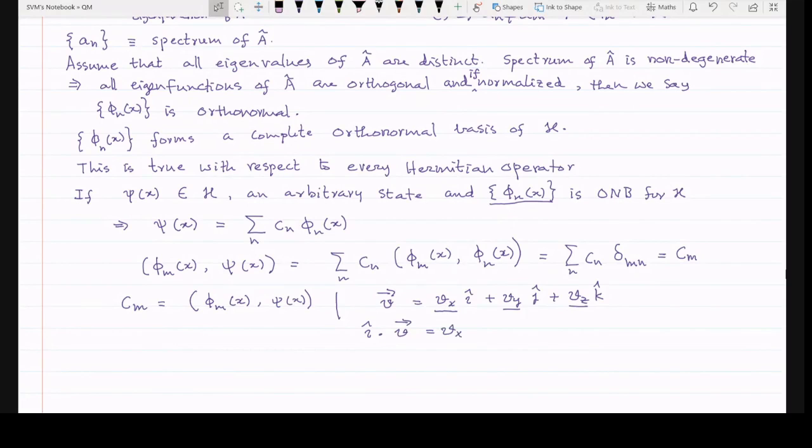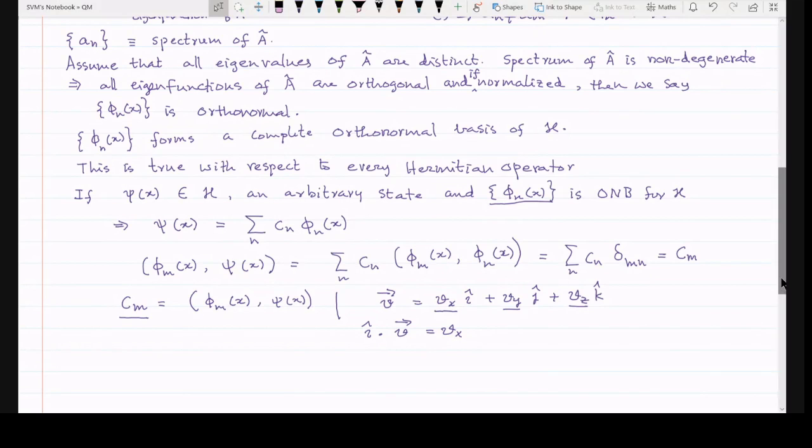Same thing, I want Cm. These Cn are like components along every basis direction. So I take an inner product. Dot product is now generalized as inner product. I take the inner product with that particular unit vector.